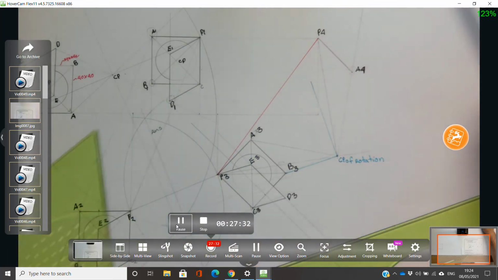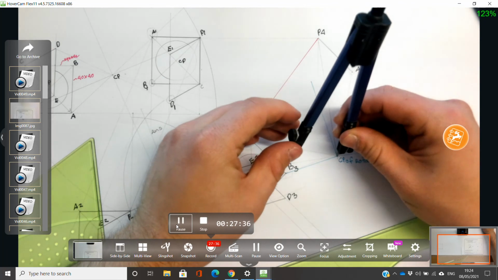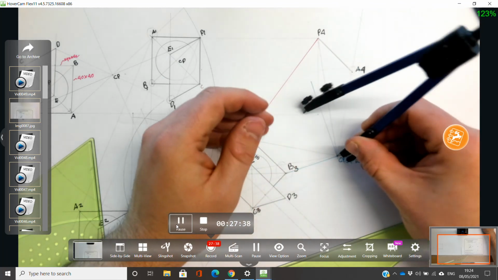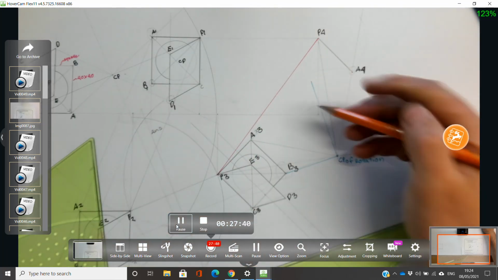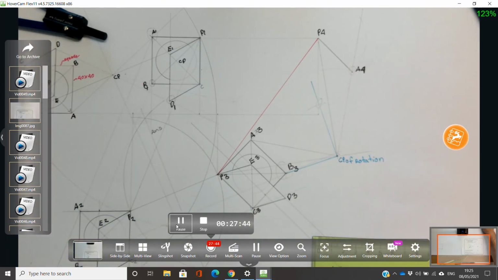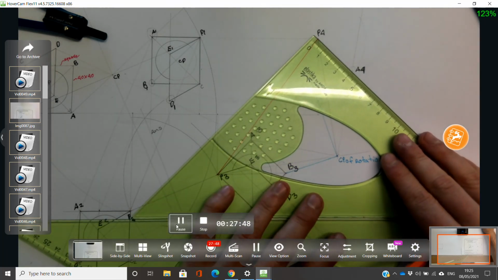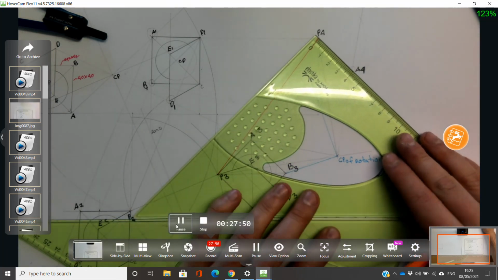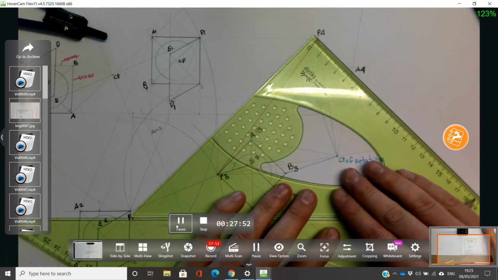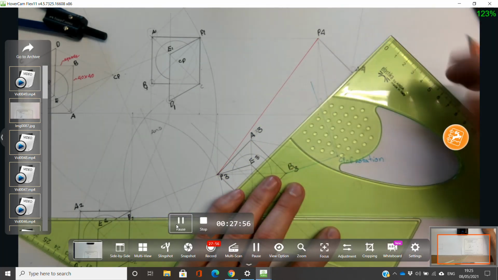B3 should be somewhere along there in that area. What we do know is the line B4 to A4 should be at 90 degrees to P4 to A4, and again it should be 40 millimeters long.